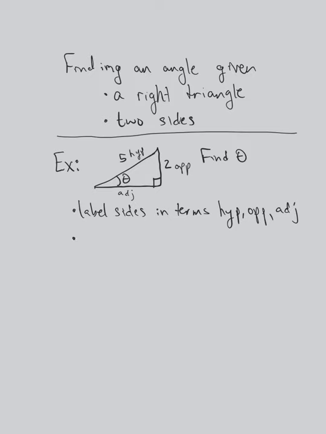Okay, and then identify what you're given in terms of labels. Oops, I can't spell labels. I did that yesterday too. Okay, so in terms of the labels, notice what we're given here.